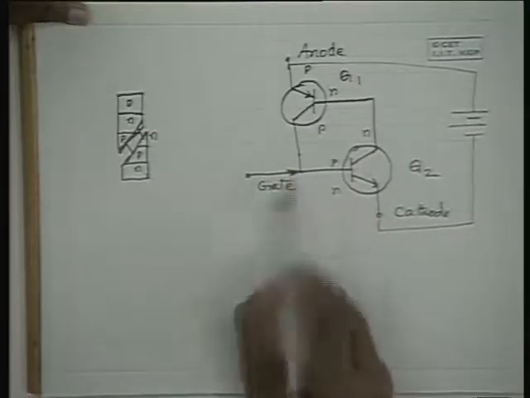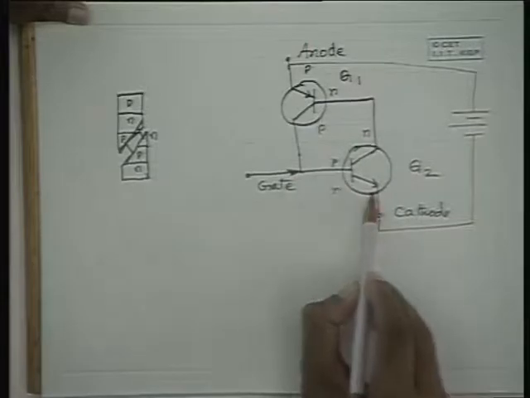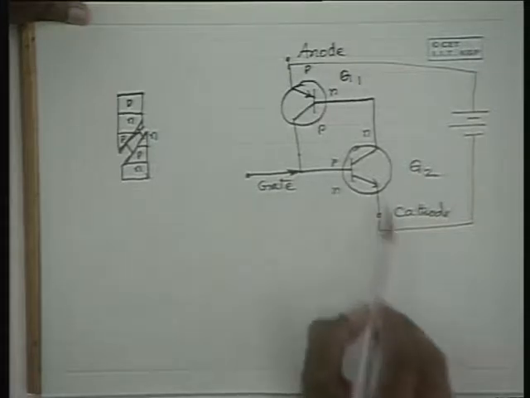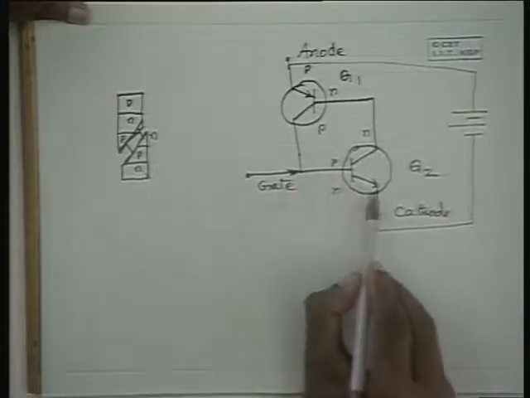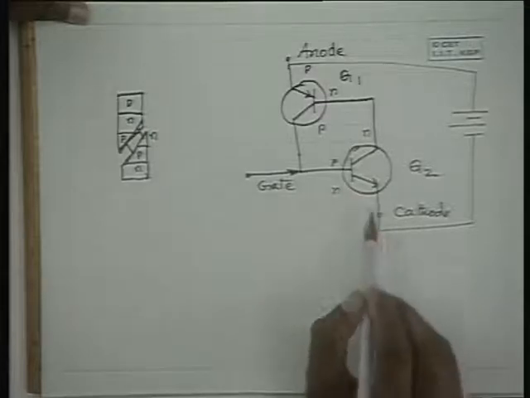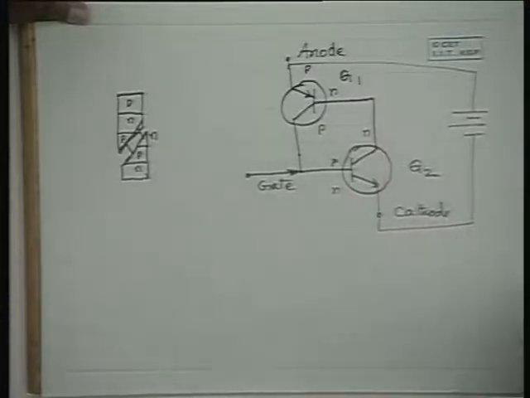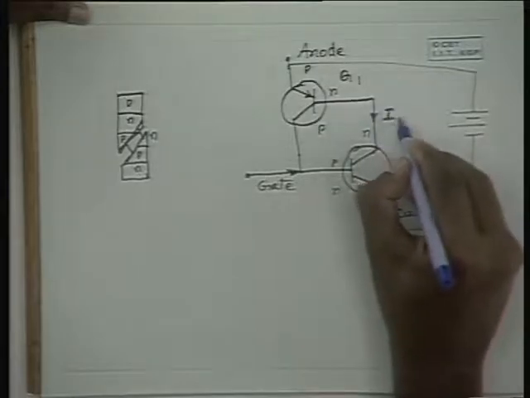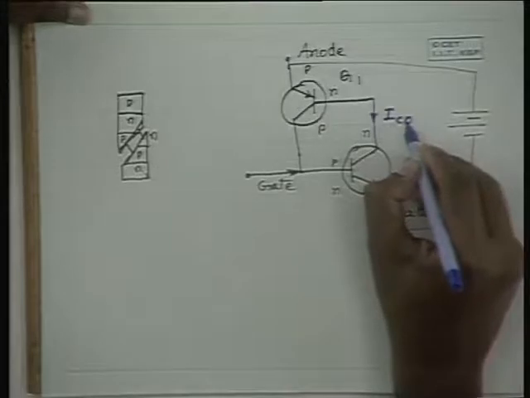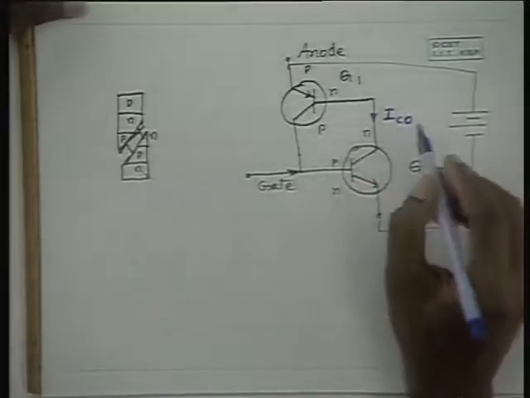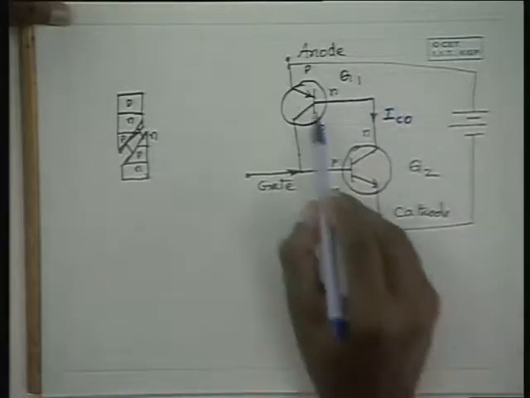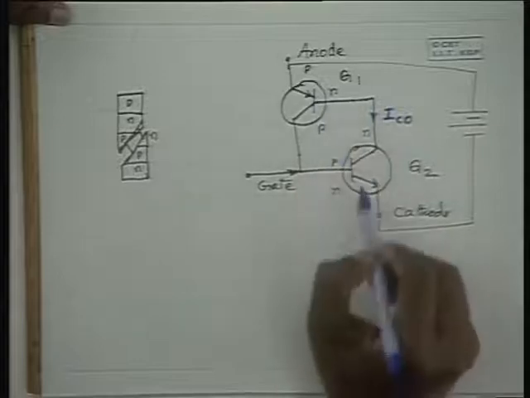Please note that when the gate is open, this PN junction is not forward biased, so there is no base current, and as a result no collector current flows, except for the reverse saturation current IC0. In this case, the collector current IC2 is equal to the reverse saturation current IC0, which flows from the base of this transistor.